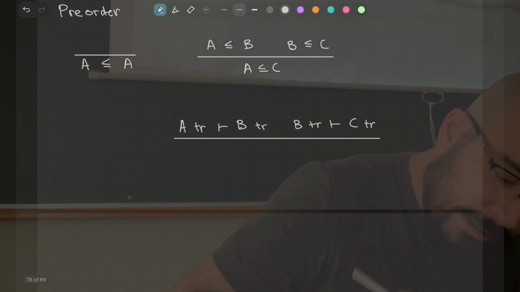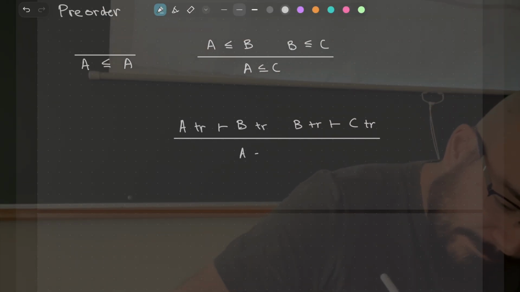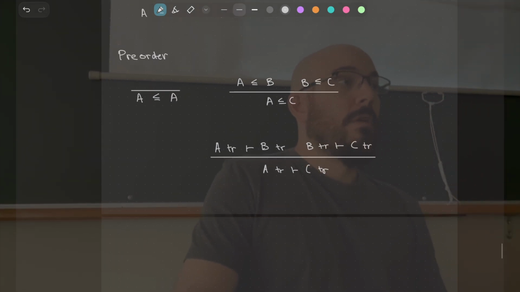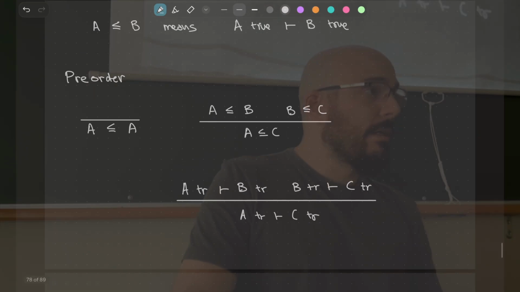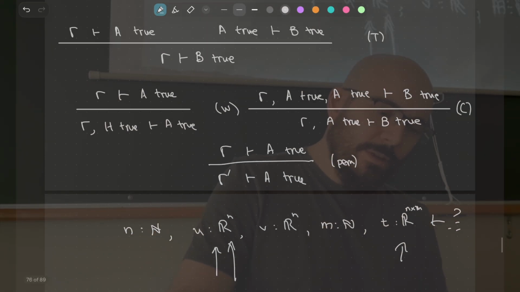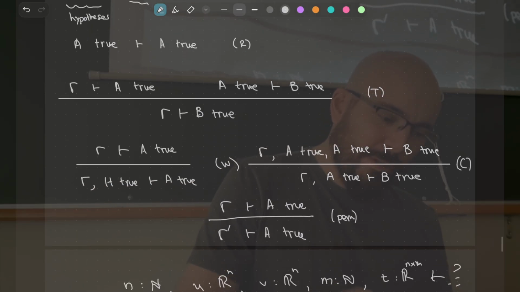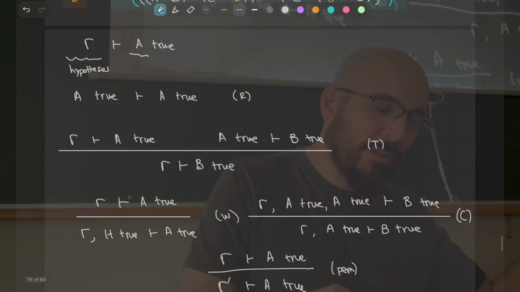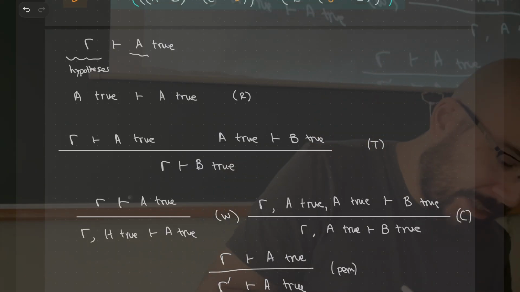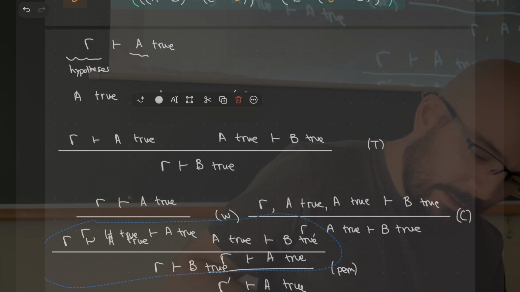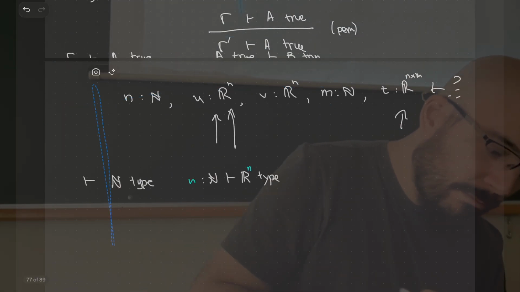Can somebody see how this happens? Manolis? You use the above transitivity rule like King wrote. It's a special case of this. Your only duty here is to tell me what is gamma, what is A, and what is B, so that it matches, right? So it's like this. Let me bring it down.